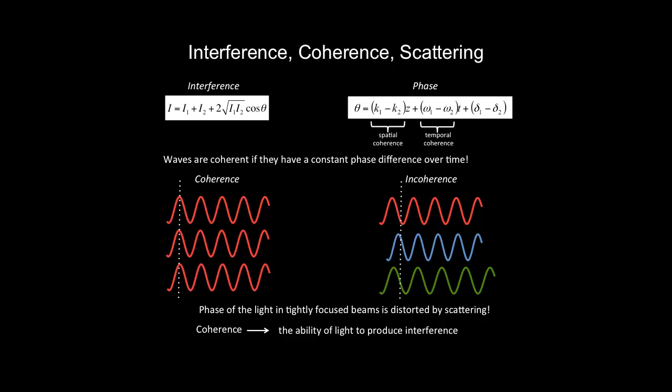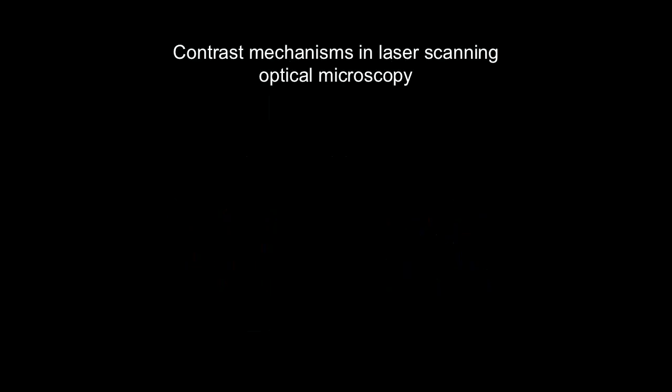We cannot keep the tight focus if the waves won't be able to interfere. So the coherence really measures the ability of light to produce interference, and so it's very important to know the relationship between them.